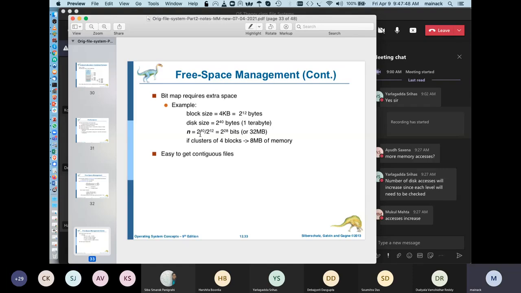Remember why clusters? Earlier I mentioned that for simplicity each bit represents one block, but each bit can cover 4 blocks to reduce the size of the bit vector. So it is 8 MB for a disk size of 1 terabyte. This is okay, but if you want to make your hard drive 1 petabyte, your memory has to increase tremendously just because you increased the disk size.